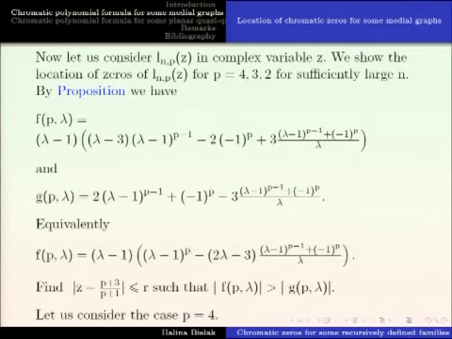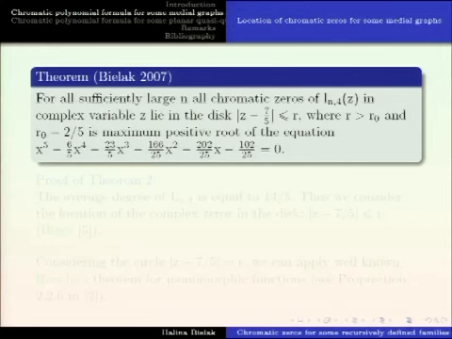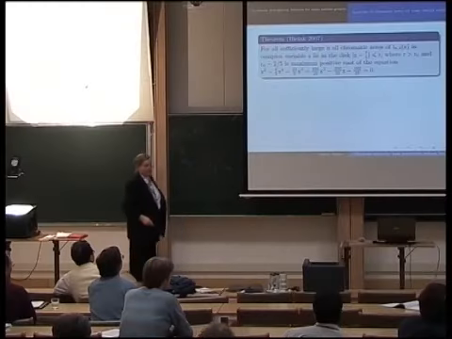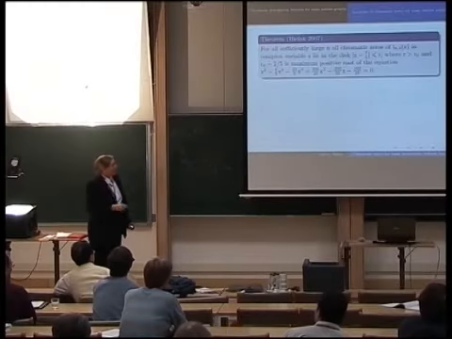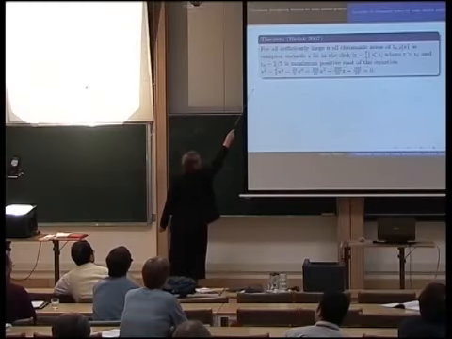For the case p equal 4, we have in fact the following theorem, that this R, the radius, is of the following form. This radius is greater than R0, where R0 minus 2 over 5 is the maximum positive root of the following equation.